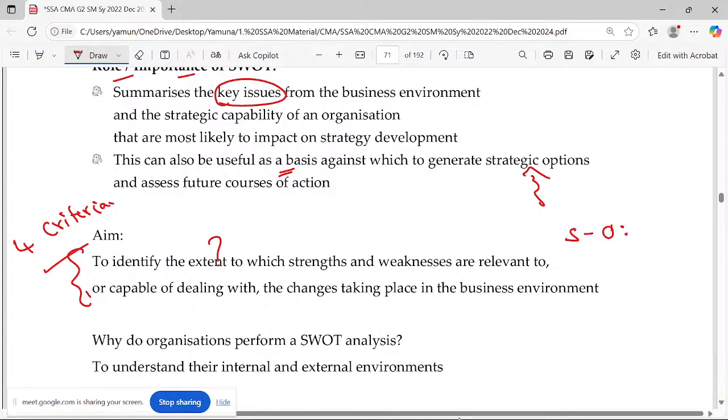Strength and opportunity is the max criteria. So this is the first, second, third, and fourth.